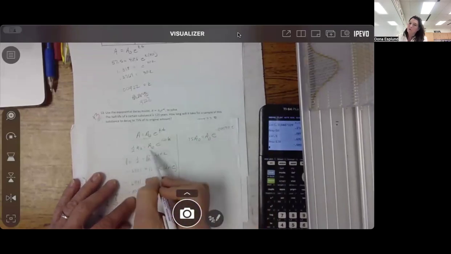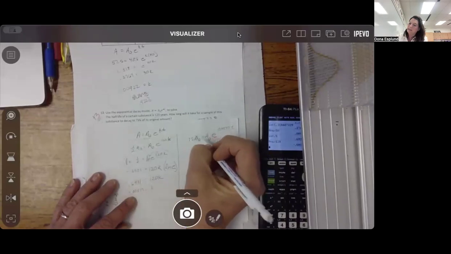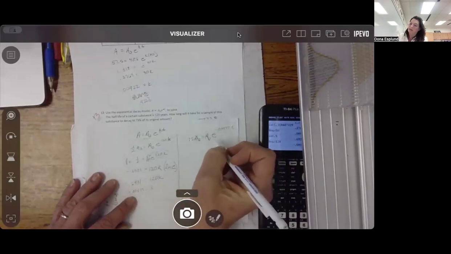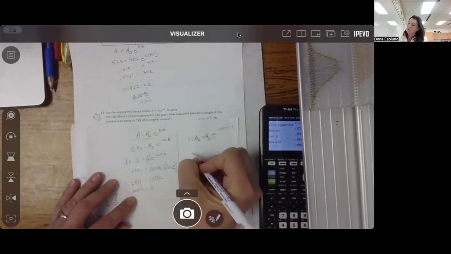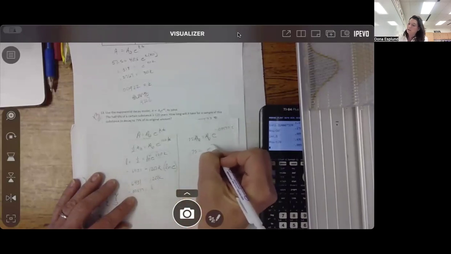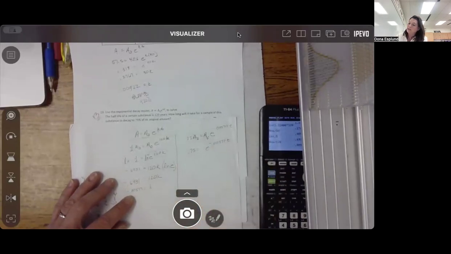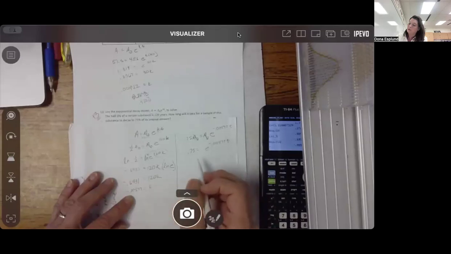And just like I did before with the half-life, my A sub naughts, my initial amounts, cancel out. Then I'm left with 0.75 is equal to e to the negative 0.00577t. Since I'm looking for t and it's in my exponent, I'm going to take the ln of both sides.